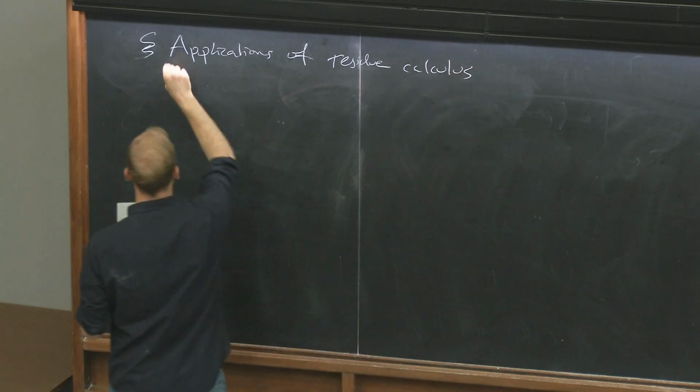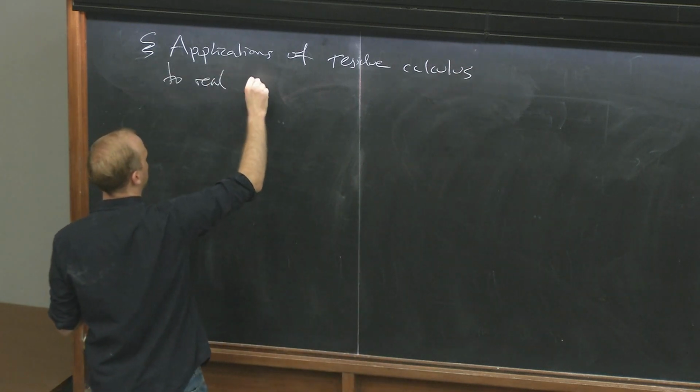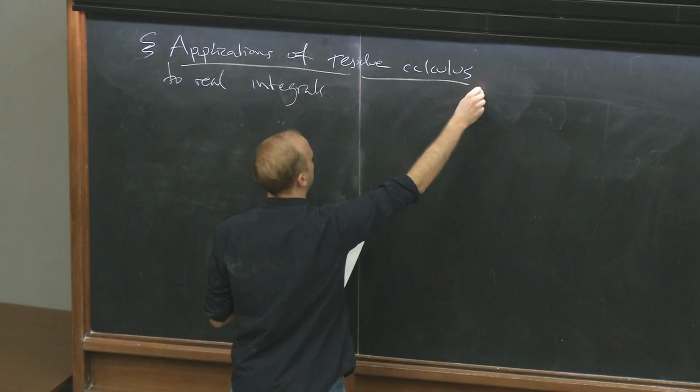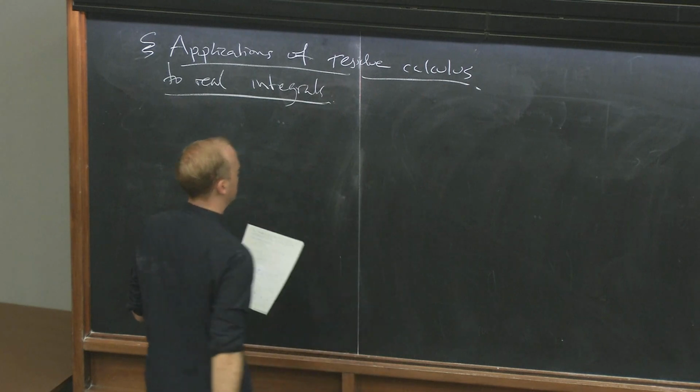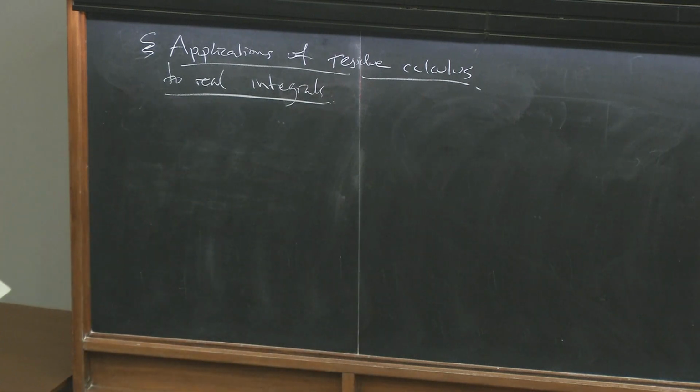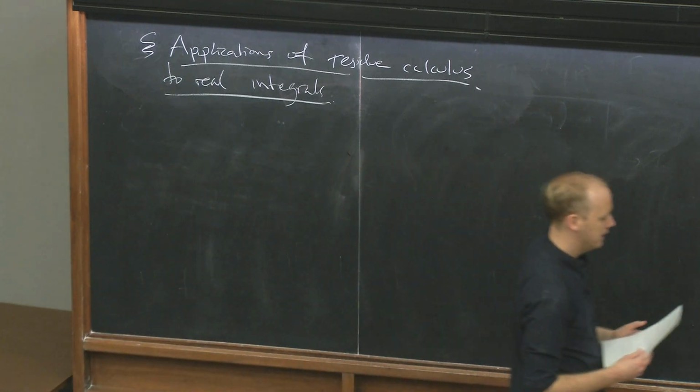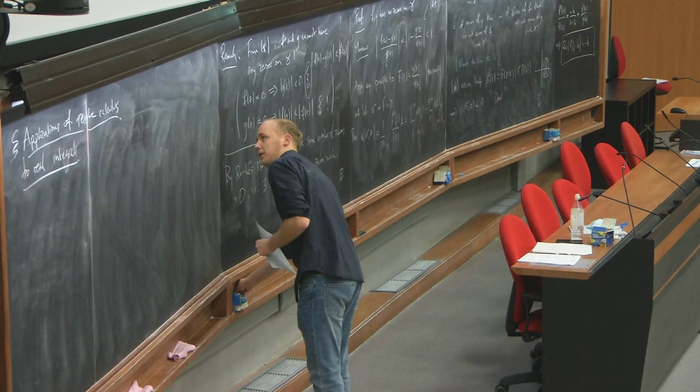Applications of this residue calculus to real integrals. So I'm just guessing this is something that all of you have seen, but you can never be sure. The idea here is very simple.